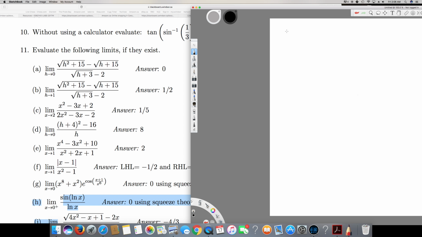First of all, whatever the cos value is, it should be between negative 1 and 1, right? So let's put negative 1 and 1, according to the squeeze theorem.